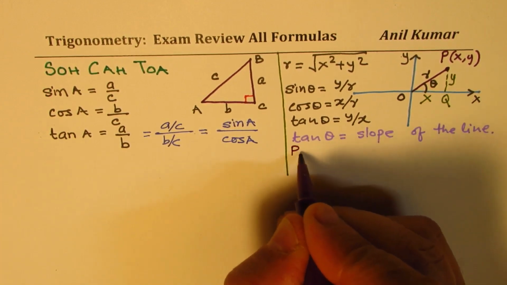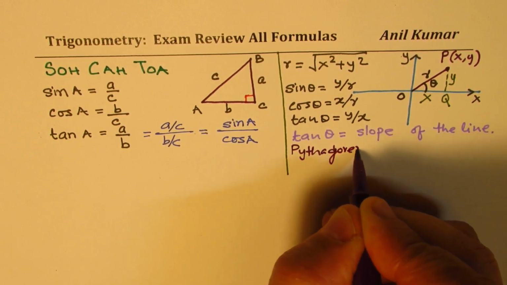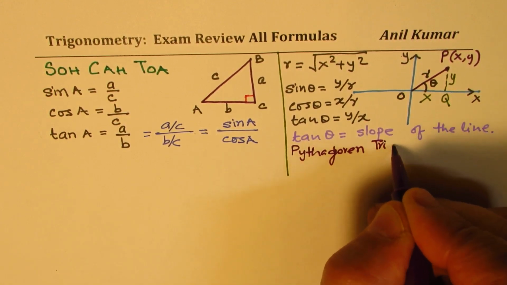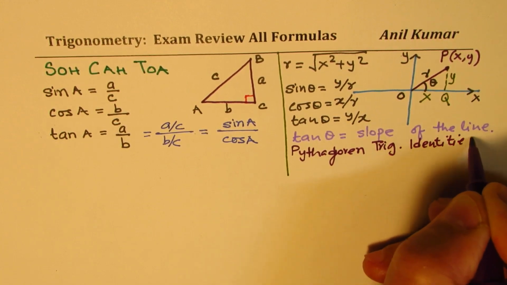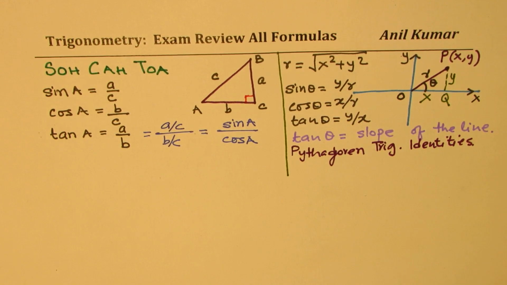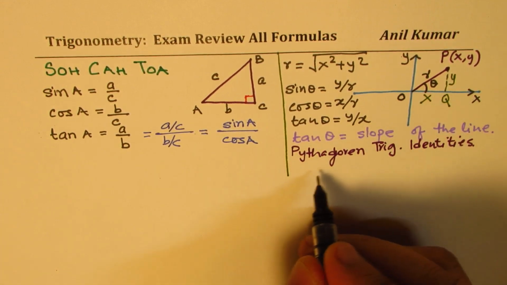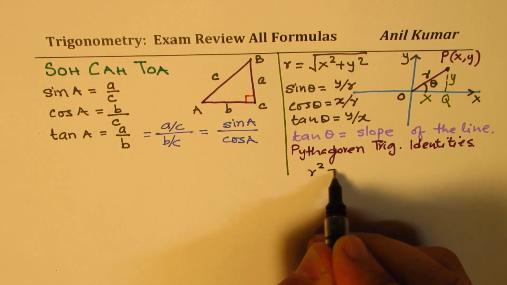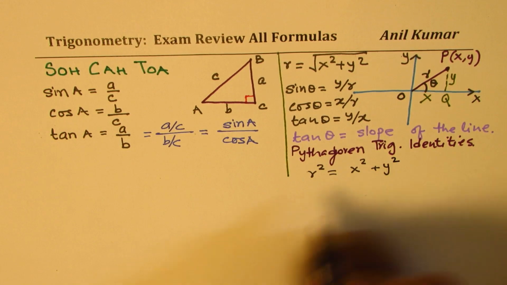Now let me derive the formulas for Pythagorean identities right from here. So we'll do it on this side. Trig identities. Very simple, straightforward derivation. We can apply the Pythagorean theorem. So r square here is equal to x square plus y square.